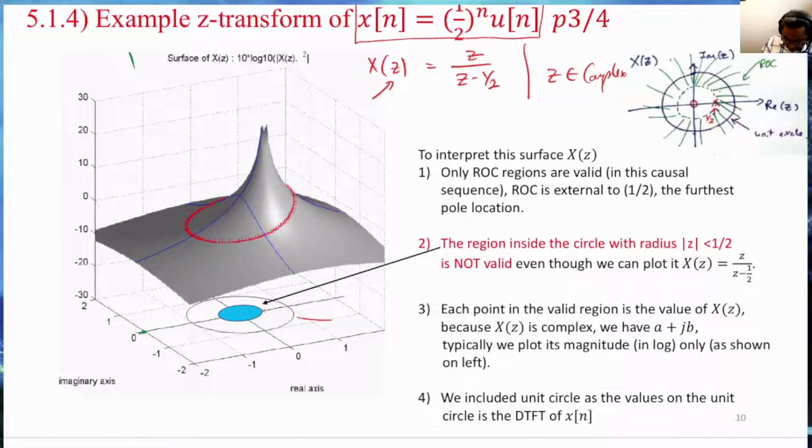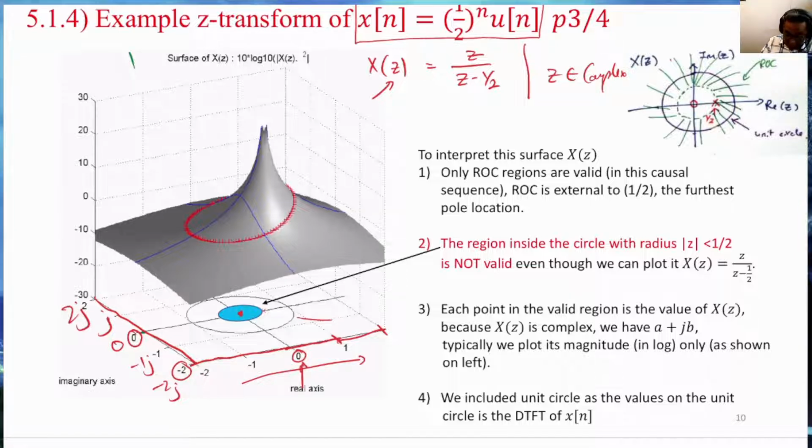This is the real axis. 0 is here, 1 is here, 2 is here. And along this line is at minus 2j. This is minus 1j. This line is the imaginary axis, and this is j, and this is 2j. So we are interested to find where is the origin. The origin is 0j, and the real number is 0.